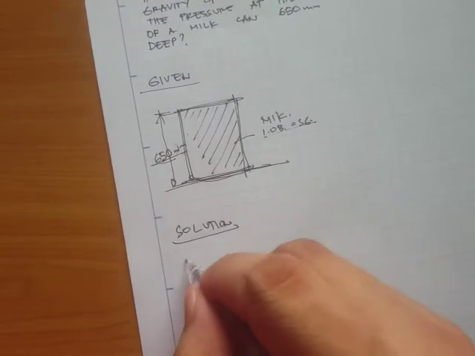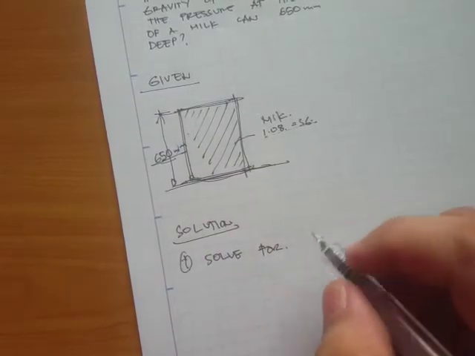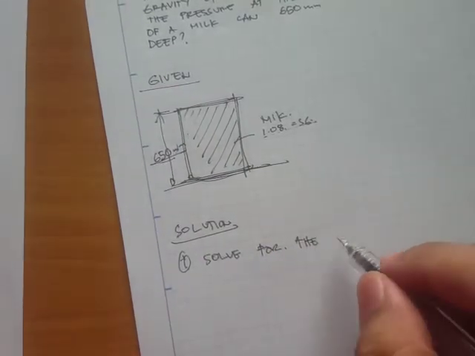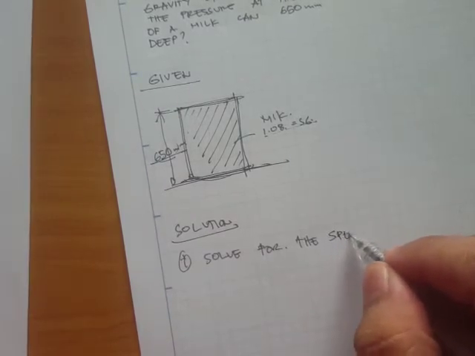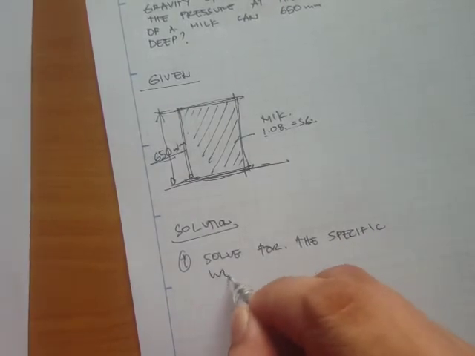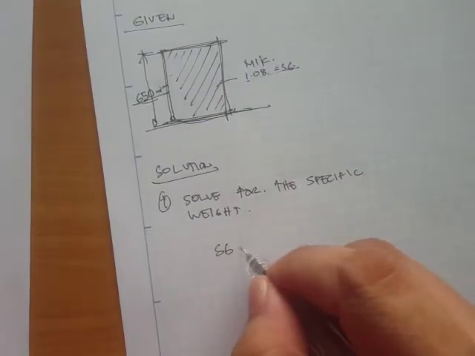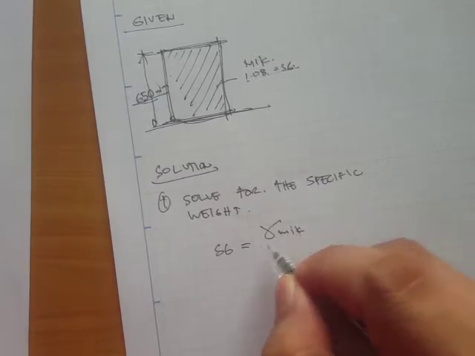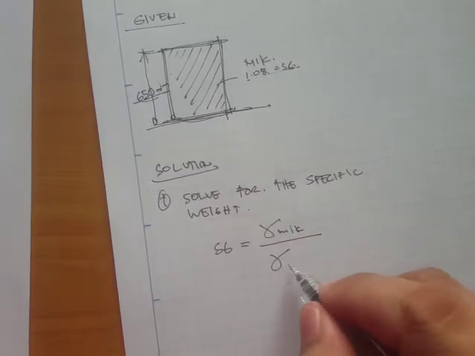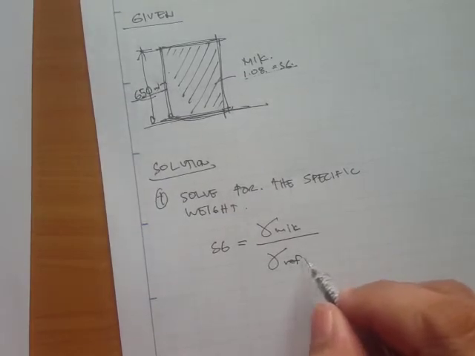Okay, so the first step is to solve for the density or the specific weight. How do we solve that? That's simply Sg is equal to the unit weight of the milk all over the unit weight of the reference fluid, which is water.